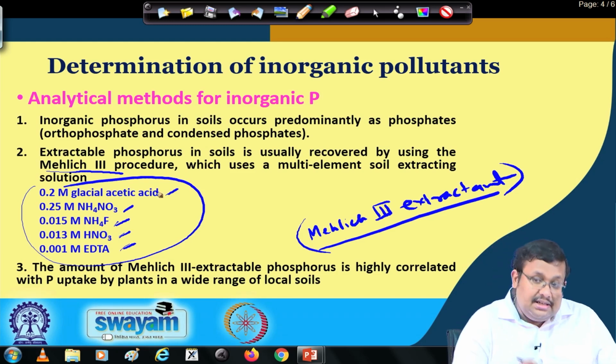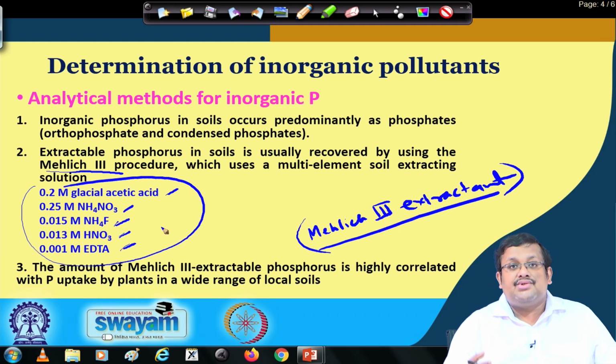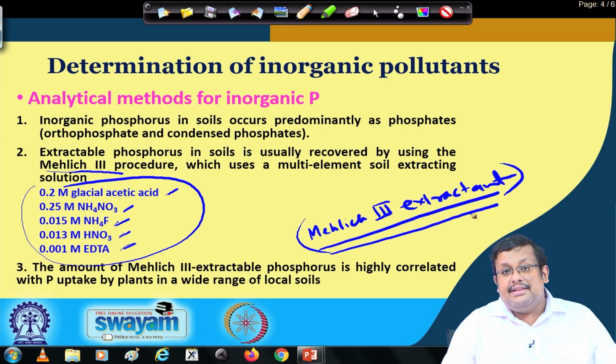Each of these components is known to extract more than one element. So, apart from nitrogen, all other important trace elements as well as the primary elements can be extracted by this Mehlich 3 extractant.